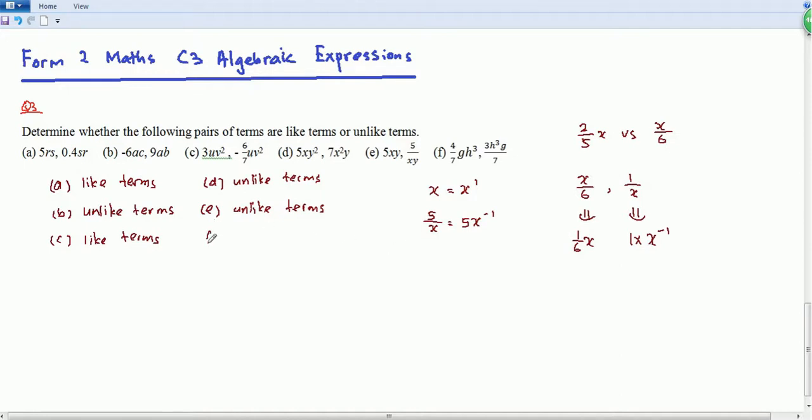We go to part F. g to the power of 1, g to the power of 1, h to the power of 3, h to the power of 3. They are like terms.